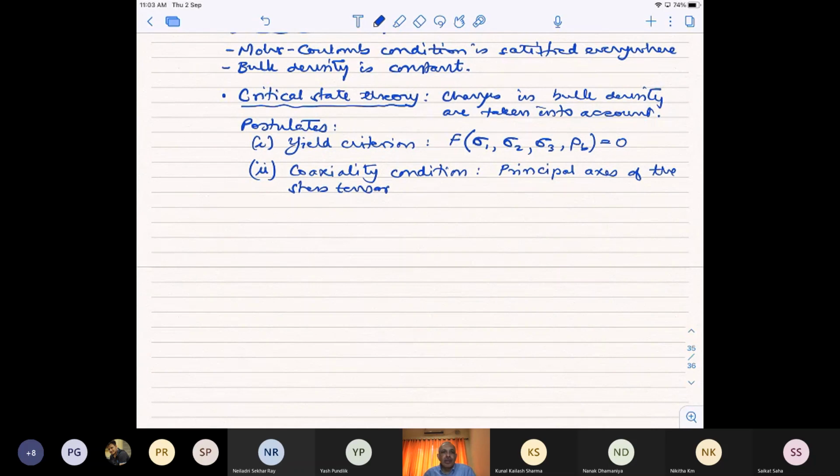Similarly, we can also calculate the principal axes of the rate of deformation tensor, which is basically the symmetric part of the velocity gradient tensor. So what it says is that both of these are coaxial.